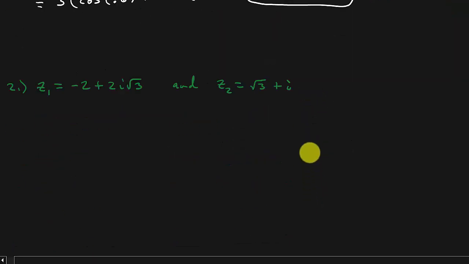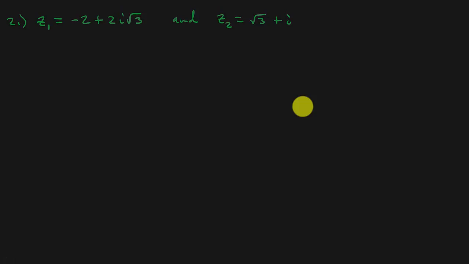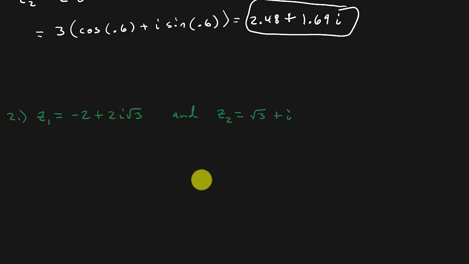All right, so let's look at this one. Same thing. Find z1 times z2 and z1 over z2. Let's find both of them. But what they want us to do in this example is use trigonometric form to multiply them and trigonometric form to divide them. So let's do that.